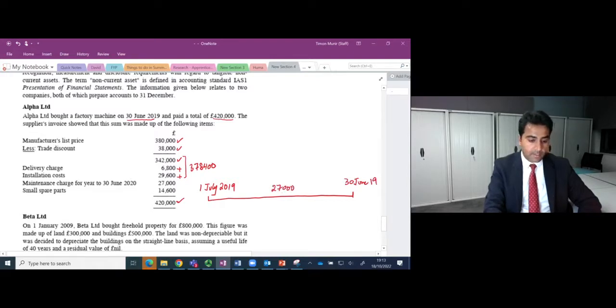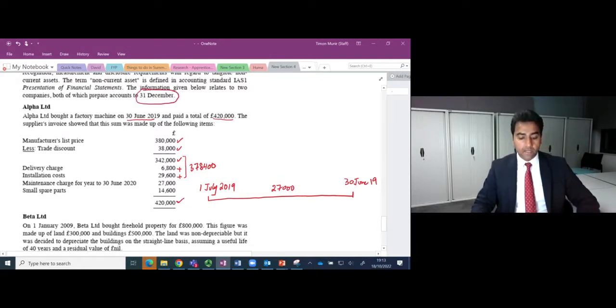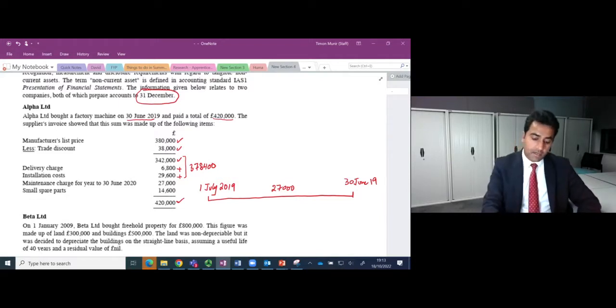£27,000. In this question, the year end is 31st of December. So counting the months from 1st of July 2019, July, August, September, October, November and December, halfway through the period, 31st of December, the accounts are closed.